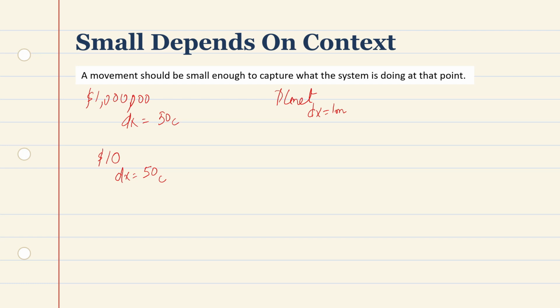But if we are measuring distance between two cities, in this case a dx of 1 meter can be significant now. So this movement dx depends on the context of the system, what we are trying to capture.